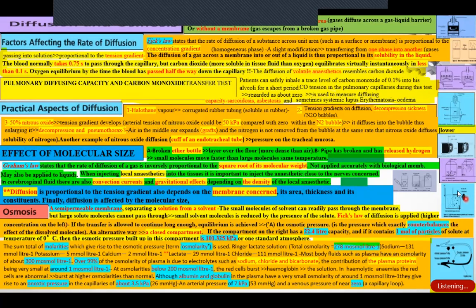Osmosis, simply: if we get a pot and we separate it by a semi-permeable membrane, which is very difficult to get, between a solvent and a solution. A solution means that it is made of solid and solvent.